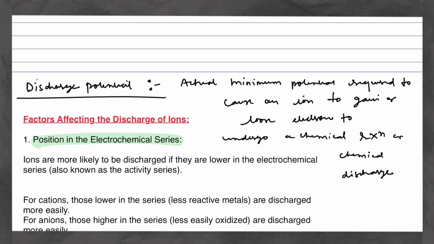I'm writing an example here. For example, Cl negative changes to Cl2, basically Cl2 gas is discharged. At which electrode is this Cl2 gas discharged?